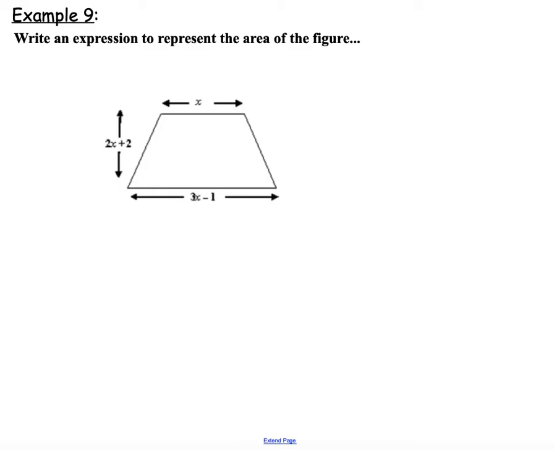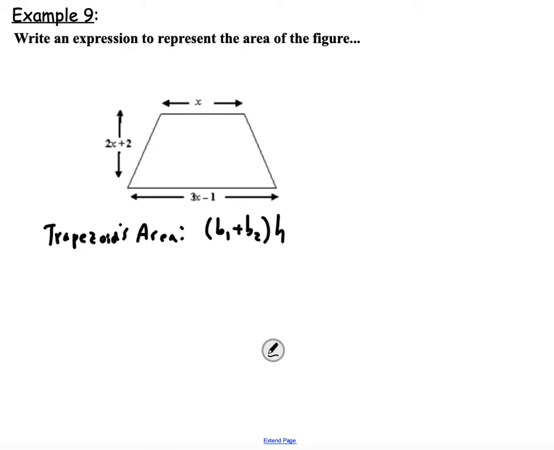All right, so we didn't talk about the formula here for a trapezoid. If you recognize that figure there, that's a trapezoid. So let me write that out. To find a trapezoid's area, you would do base 1 plus base 2 times the height, and either divide by 2 or multiply by 1/2.